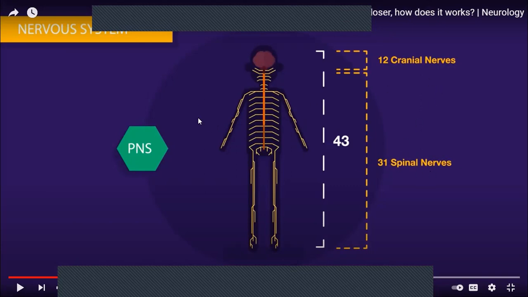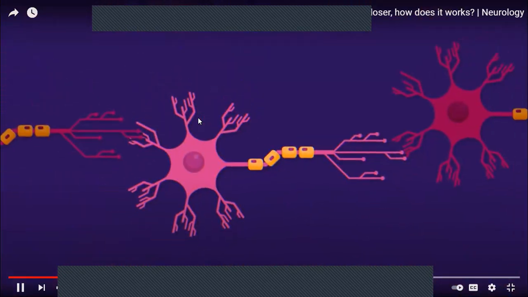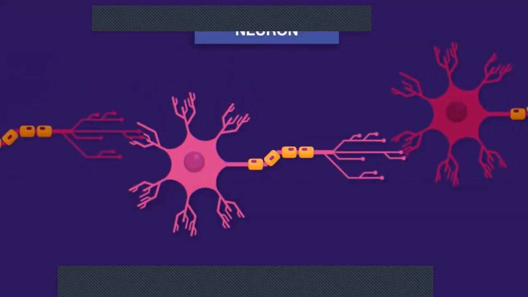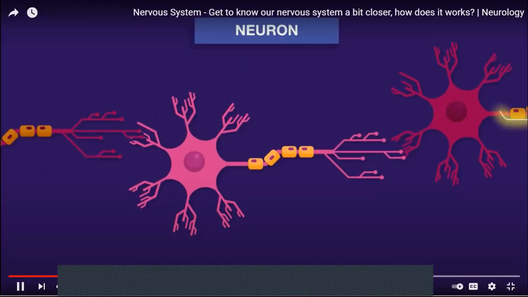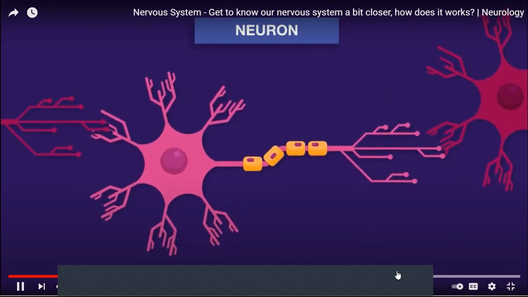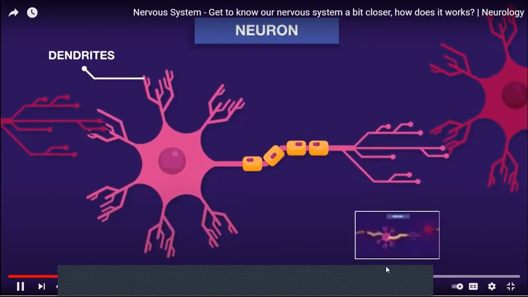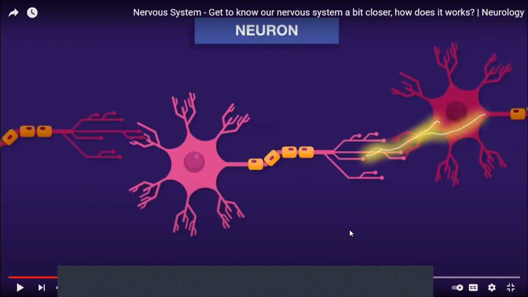Is it okay? Here, you hear the word neuron. The neuron is the basic unit of the nervous system. It is the nerve cell which transmits electrical signals to the brain. Its function is transmitting the nerve impulse, or the nerve messages.